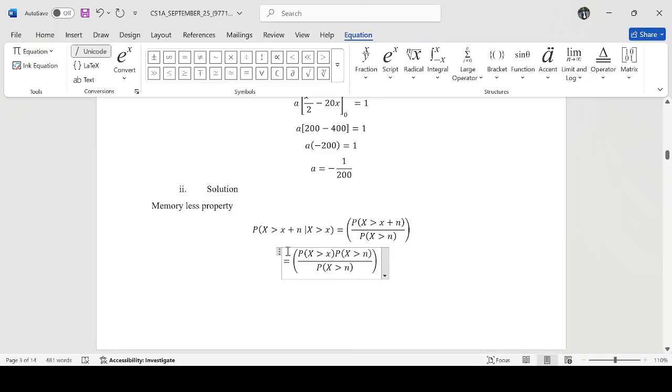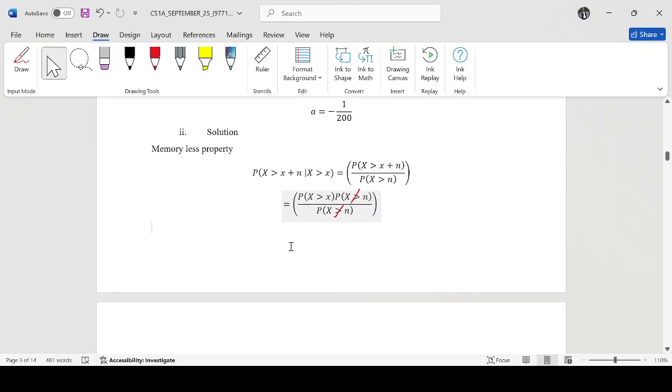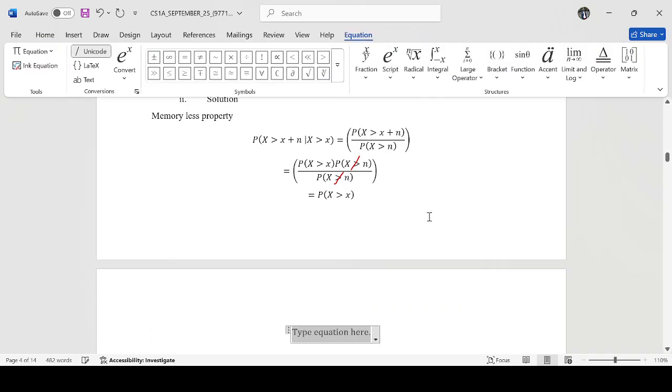So you remember that at the end of the day, we're just going to cancel this and this. So it means that you're going to remain with the probability of X being greater than x plus n. What we are now calculating is the probability of X exceeding 16,000, given that it has already exceeded 8,000.